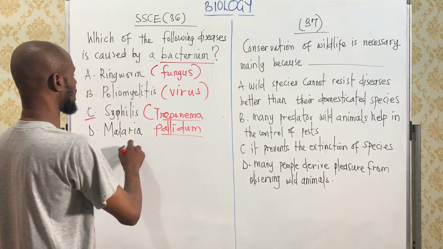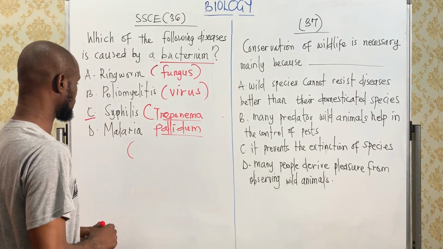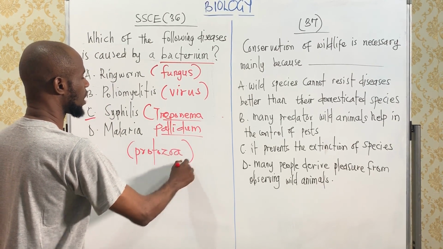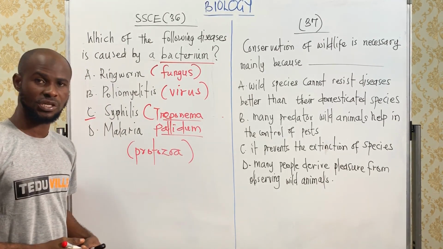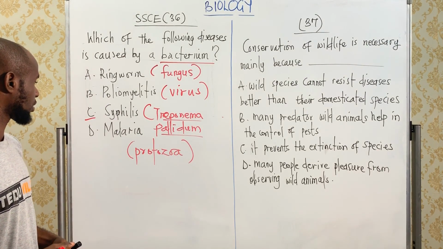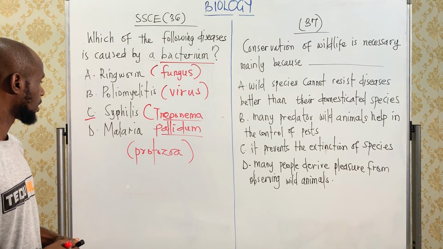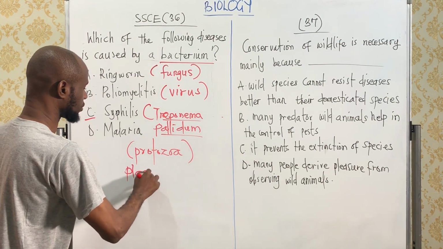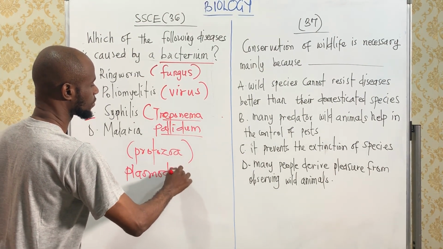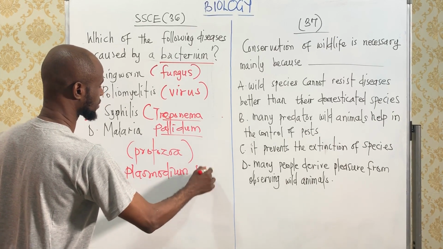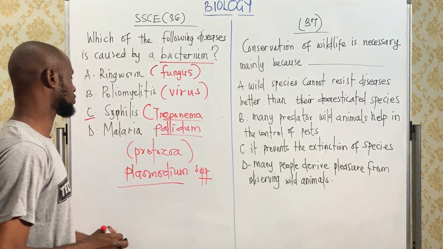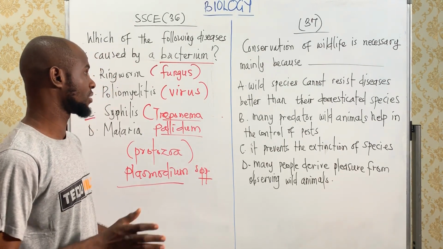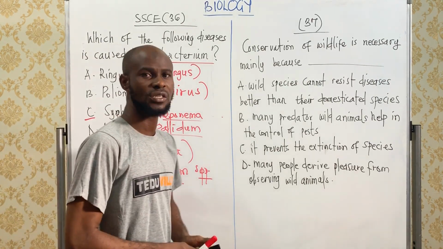Now malaria is caused by protozoa, and we have different species of the protozoa, and we call them Plasmodium. Plasmodium species. We're talking about that when we actually focus on the Plasmodium or malaria as a topic or as a question.